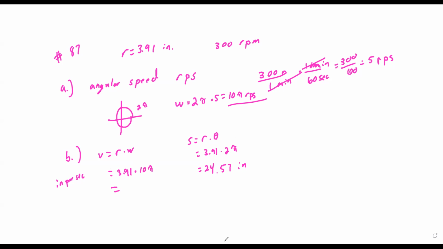So 3.91 times 10 times pi, and we would get 122.84. And this again would be inches per second.